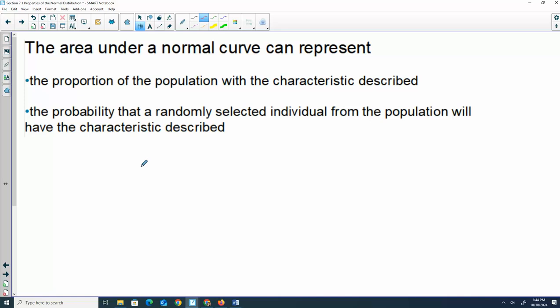That means approximately 45% of the population has blue eyes. Or if I pick one individual person, the probability they have blue eyes is 45%. So you can think of it 2 different ways: the probability one person would have it, or what percent of the total population has it.